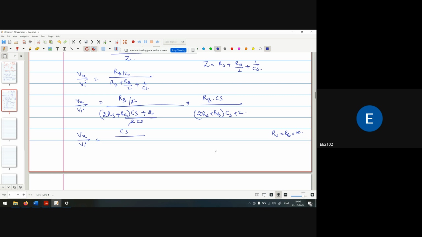When I take Rb common, what remains is 2Rs upon Rb plus 1 times Cs plus 2. Okay, this is the first scenario. Cancel Rb with Rb.